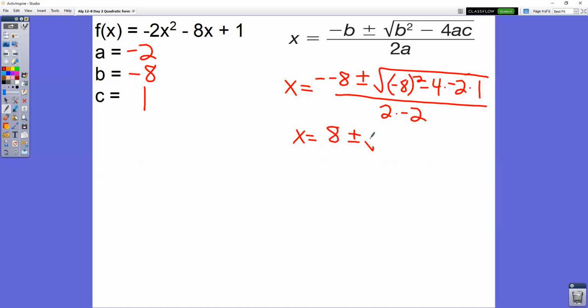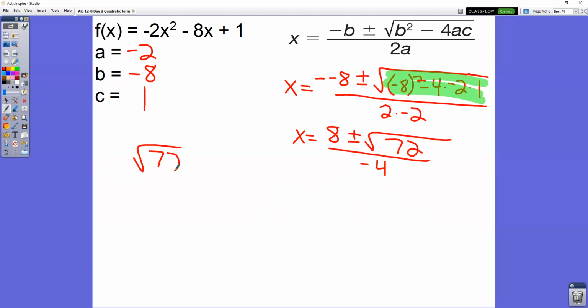Plus or minus the square root. You can type this whole thing right into the calculator: negative 8 squared minus 4 times negative 2 times 1, you get 72, over negative 4. Now 72 can be simplified, right?